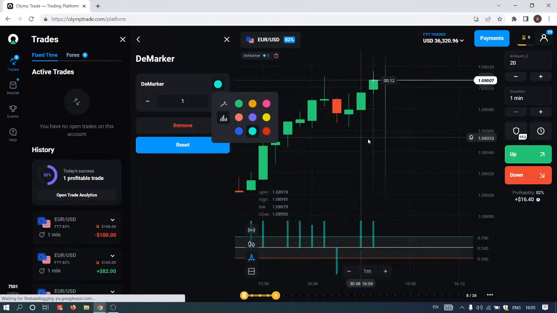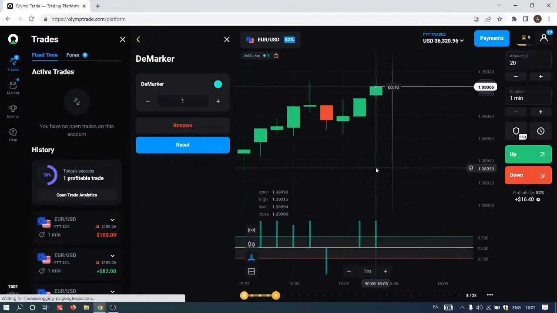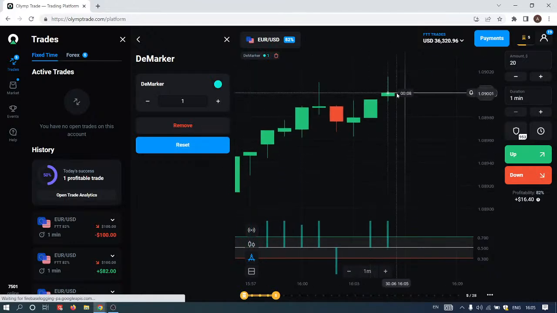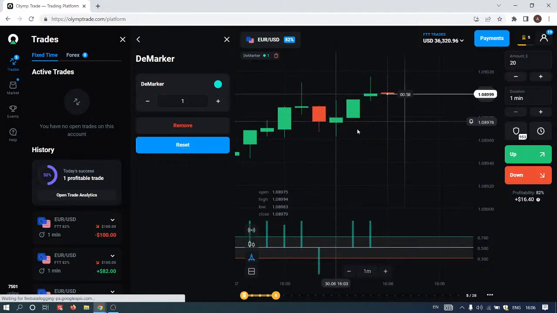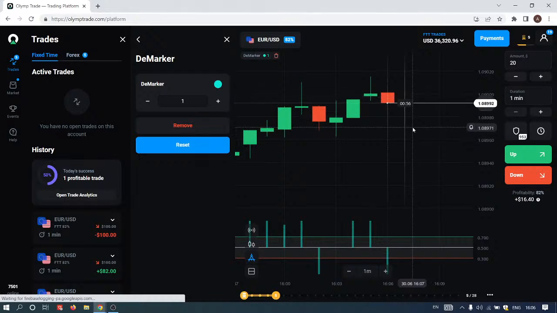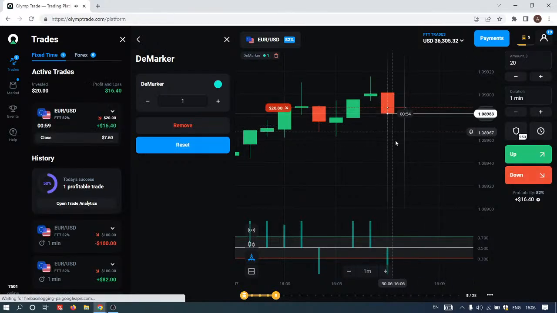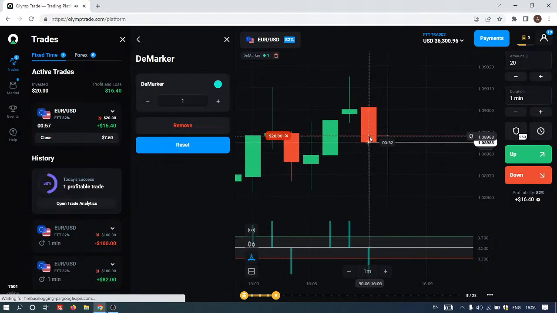Okay, let's make it like this. As soon as a new bar or a new dash appears on this subchart of the DeMarker indicator, that is exactly the moment when we need to open a trade, the way I just did in my example.